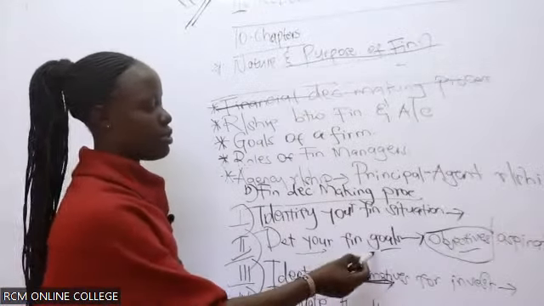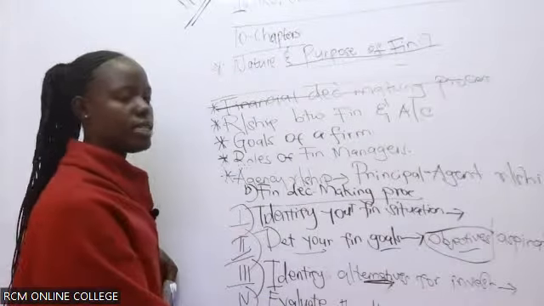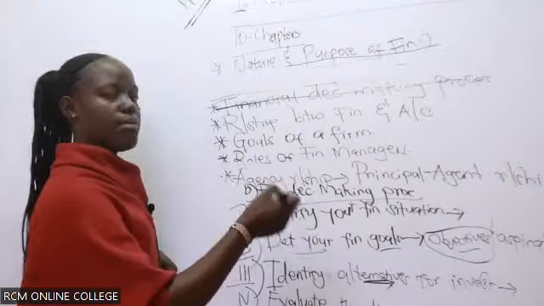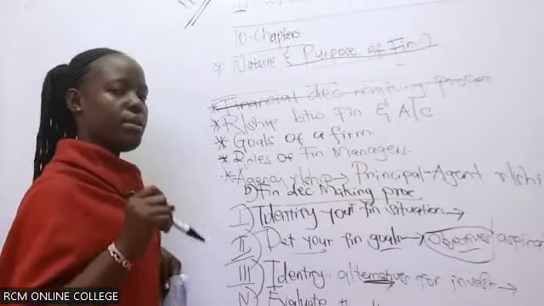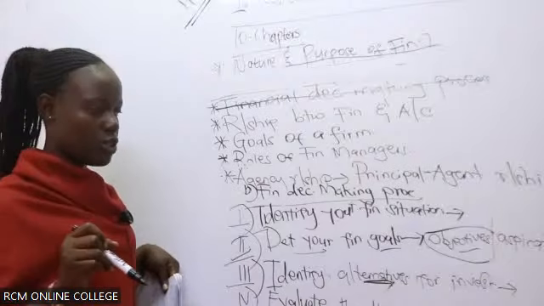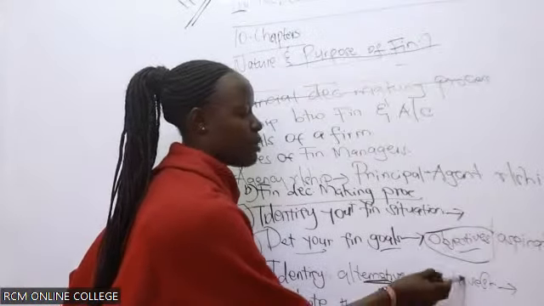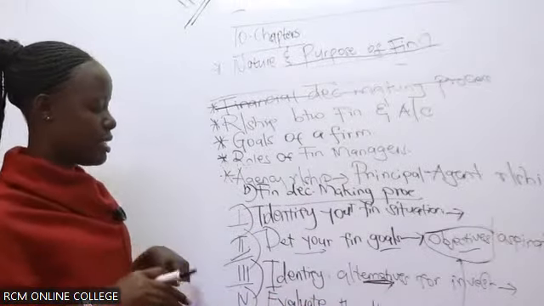Here you determined your goals, and once you determined your goals, you evaluated your alternatives and selected an alternative that matches your goals. Now, once you've selected it, you're going to implement it. You put it into action in a manner that will help you achieve the objectives that you had priorly set.